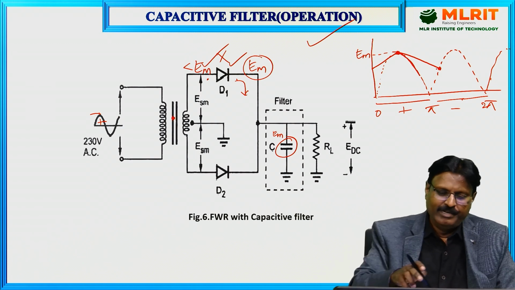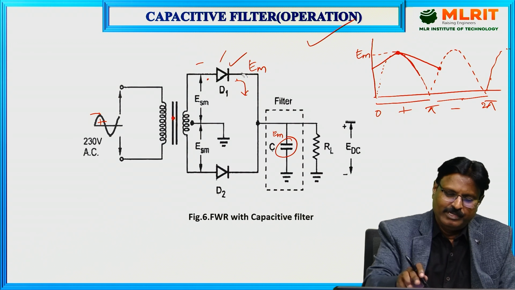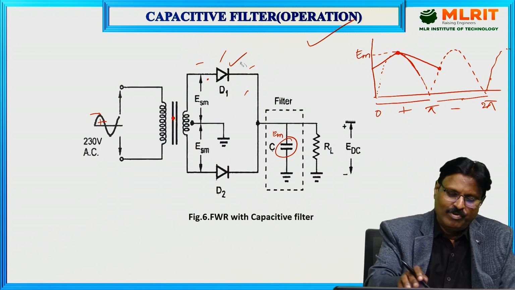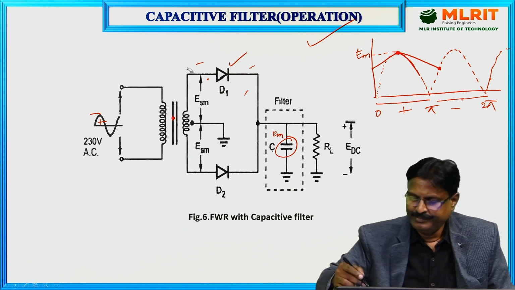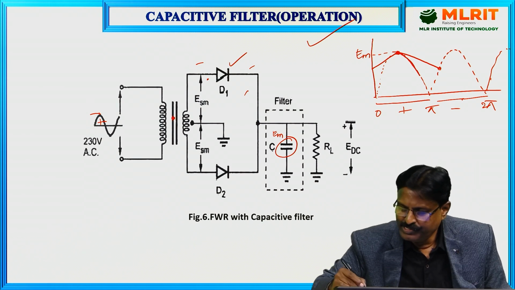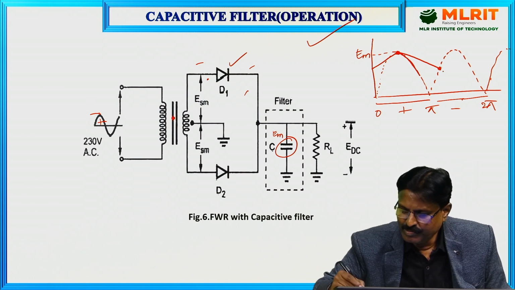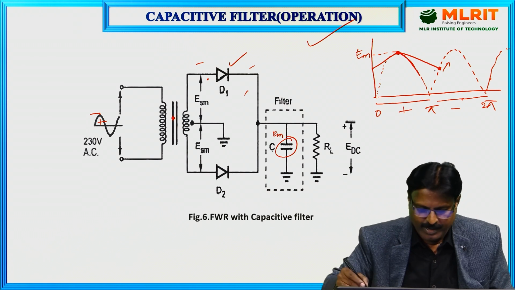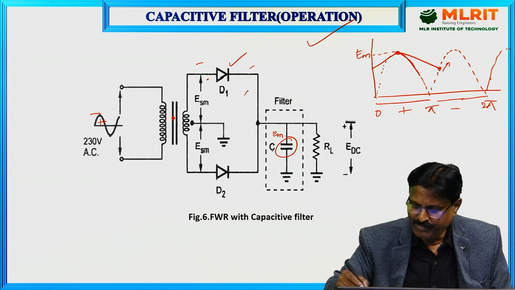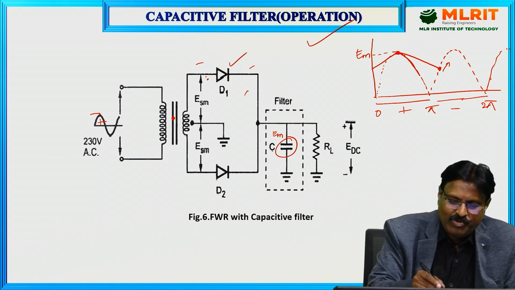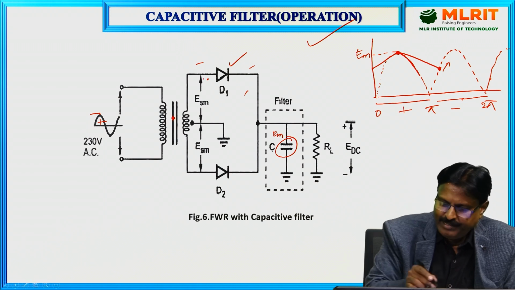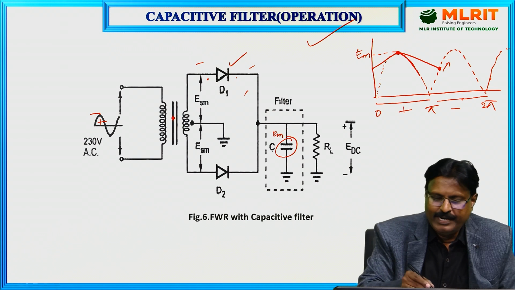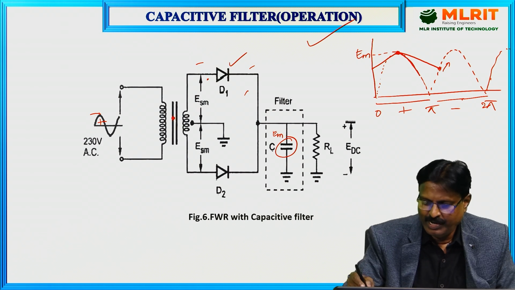So once again, if you observe the anode voltage and cathode voltage, the anode voltage is going in this direction, but the cathode voltage is fixed at this value. If you observe the anode voltage, it is increasing and the cathode voltage is held constant.